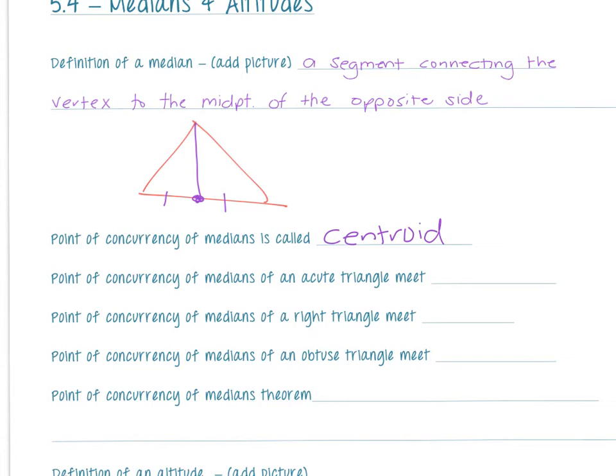The point of concurrency of medians of an acute triangle meet where? Inside. Right triangle. Inside. Obtuse triangle. Inside. So medians and angle bisectors are always inside.